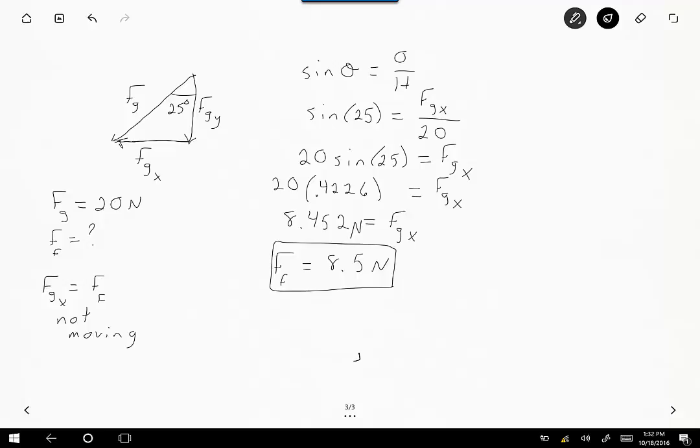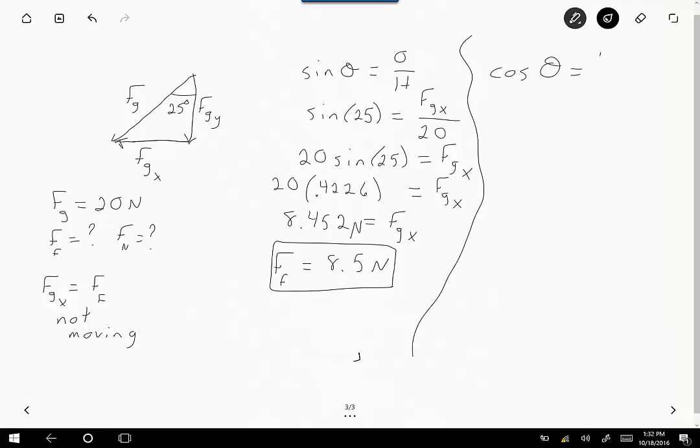This is how you use trigonometry for sine. If I wanted to know, well, what's the normal force? What if my second part of my question was to find the normal force? I would do something similar, but rather than using sine, I would use cosine. Cosine of theta is adjacent over hypotenuse.